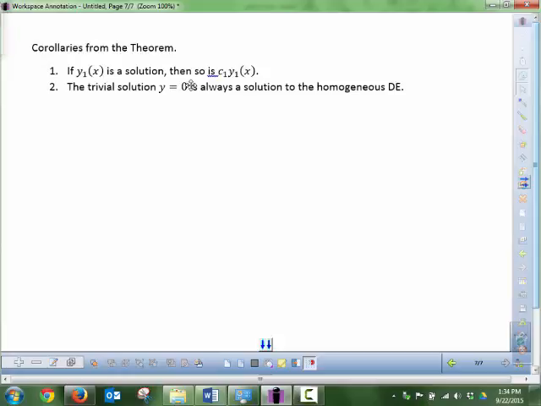And that makes sense because the right-hand side of your differential equation is 0. So if you wipe everything out of the left-hand side with all the y's, if y is equal to 0, y prime is equal to 0, y double prime is equal to 0, y triple prime is equal to 0, then everything on the left-hand side will be 0. That's going to equal 0 from your homogeneous differential equation.